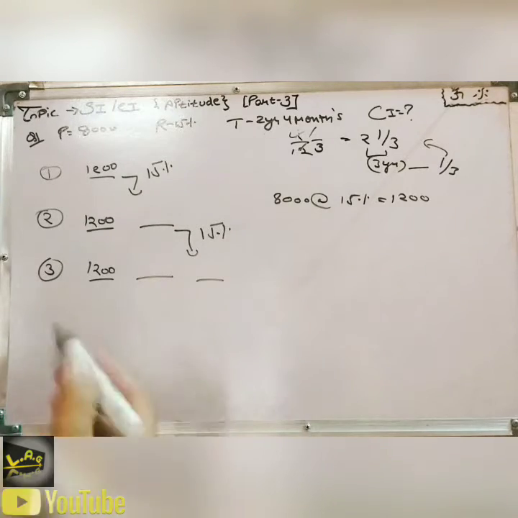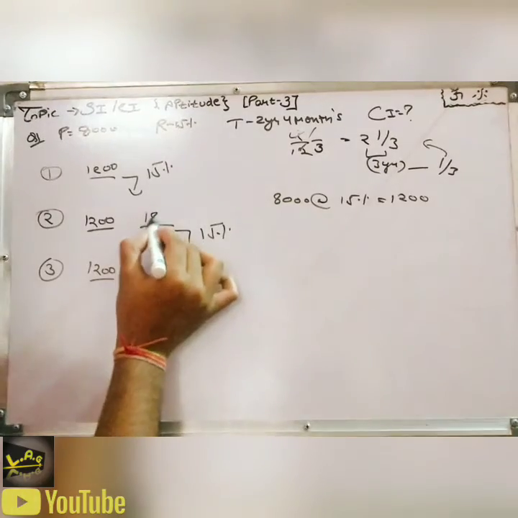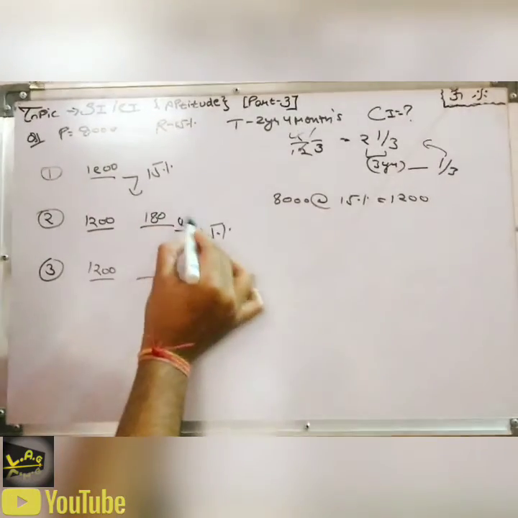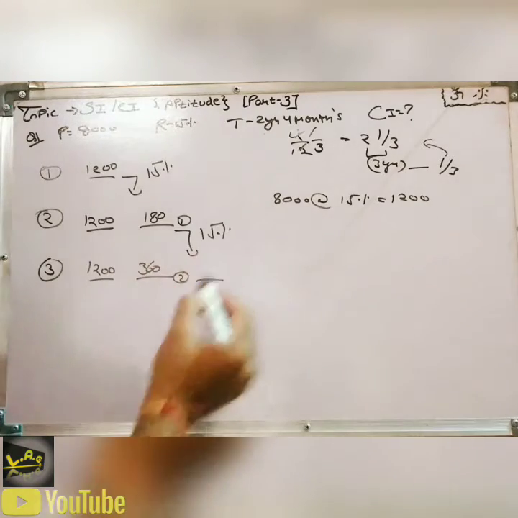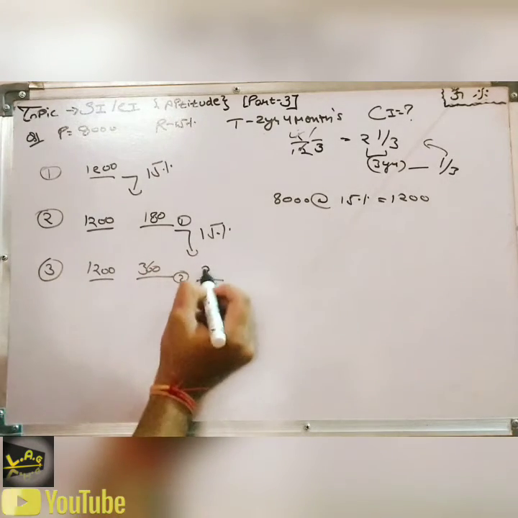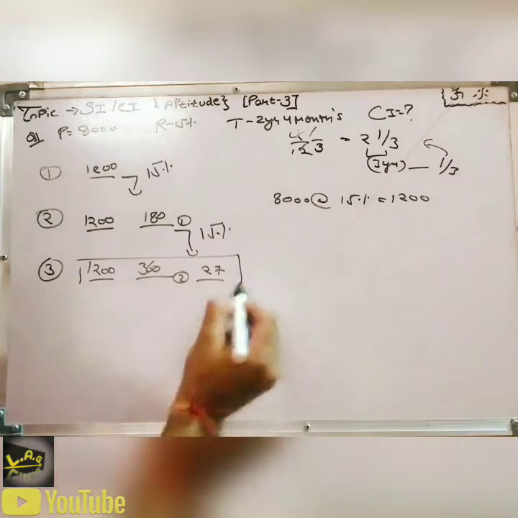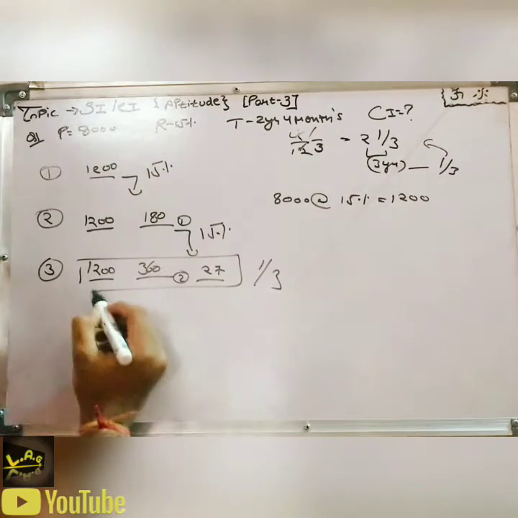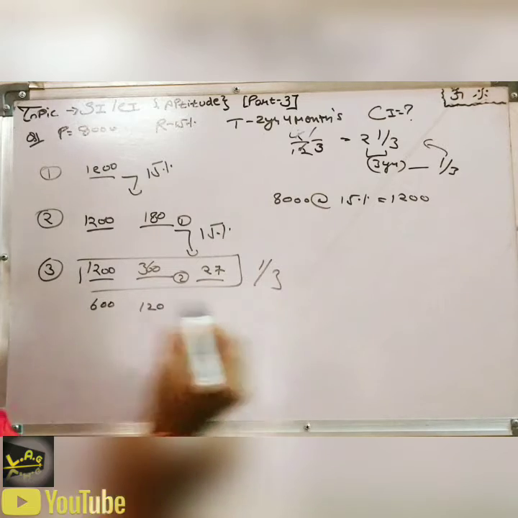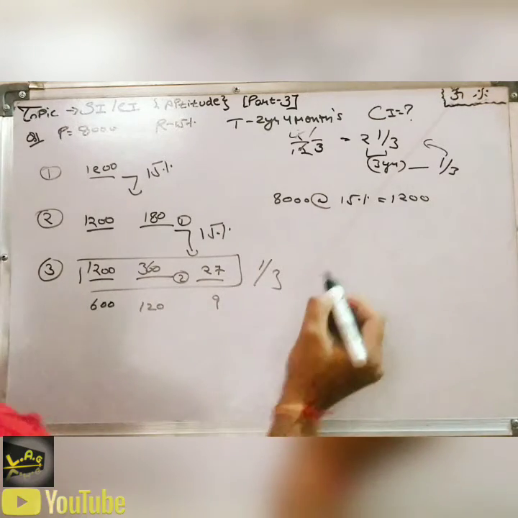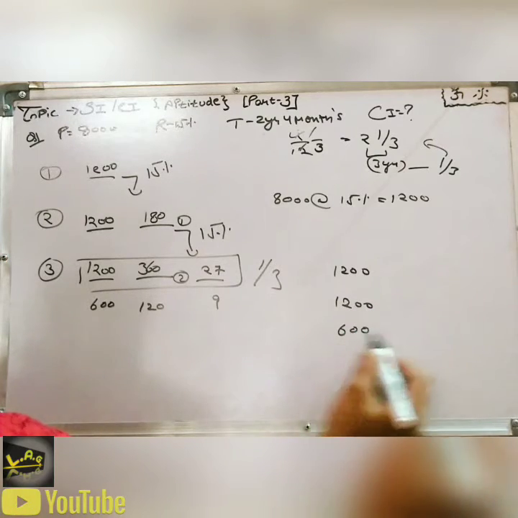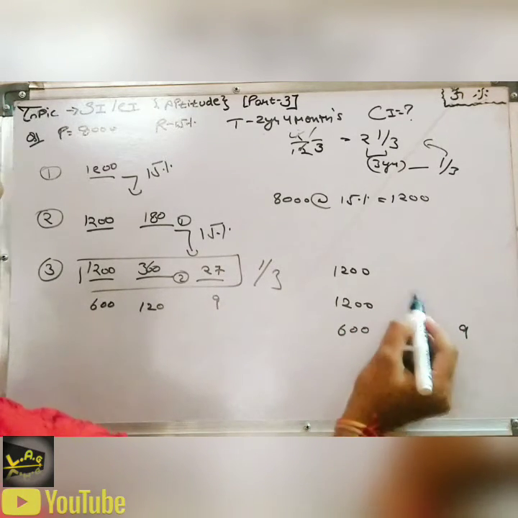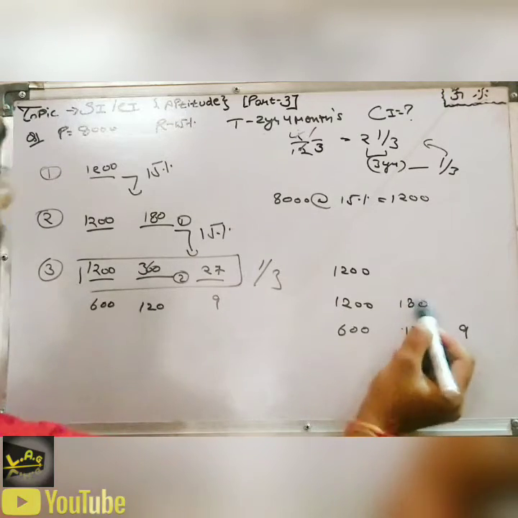Whatever the result is, you have to divide it by 1 by 3. So let's start. 1200 at 15% is 180, and for this, this was number 1, number 2, 360, doubled, and 15% of that is 27, and this result is being divided by 1 by 3, and 9. So the new equation becomes 1200, 1200, 600, 120, 9 and 180.